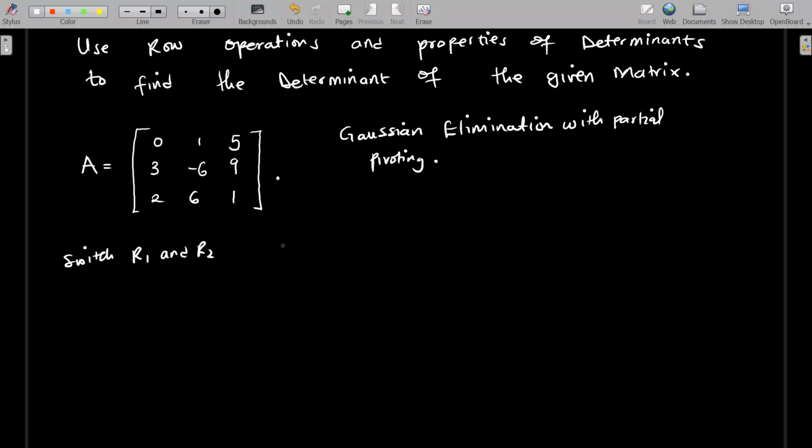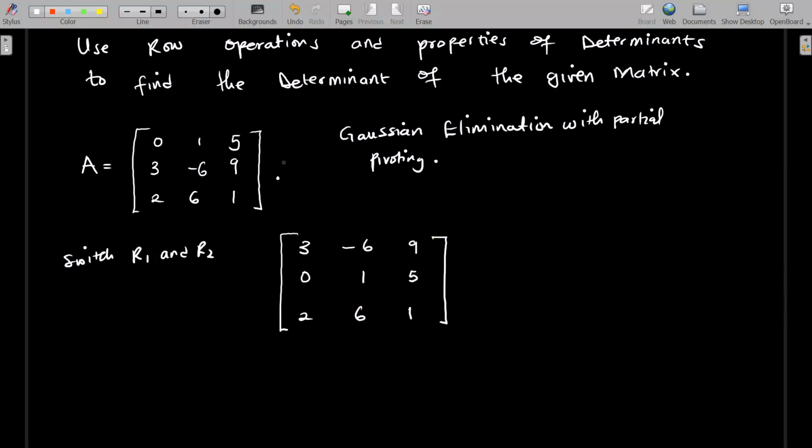And remember, the properties of determinants say that if I form a matrix by switching two rows or columns of the original matrix, then the determinant of that new matrix is the negative of the determinant of the original matrix.